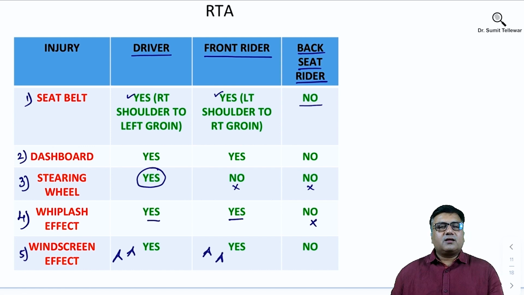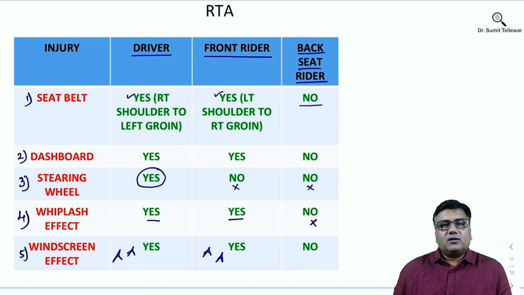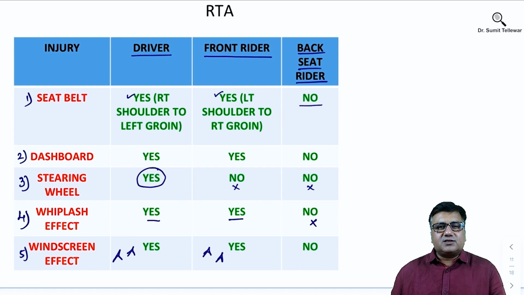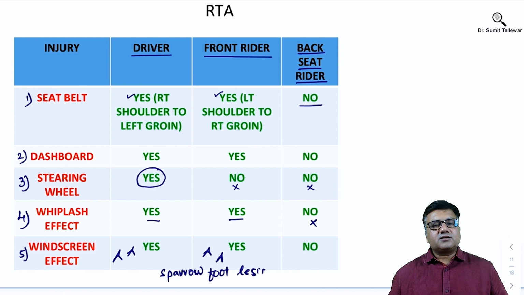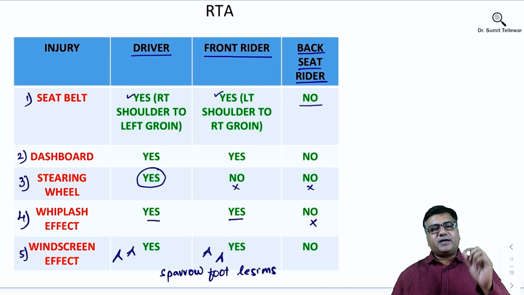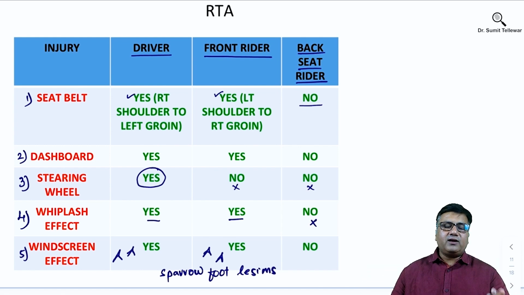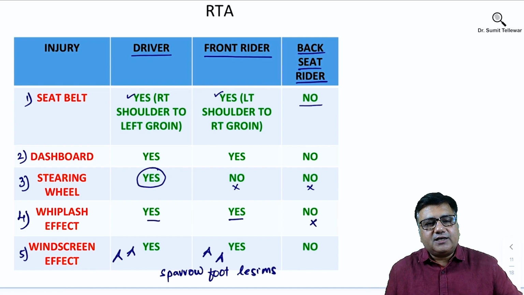These triangular cuts or small lacerations due to the glass pieces are called as sparrow foot lesions. So sparrow foot lesions are expected to be seen in driver and front rider, but again not in the back seat passenger.